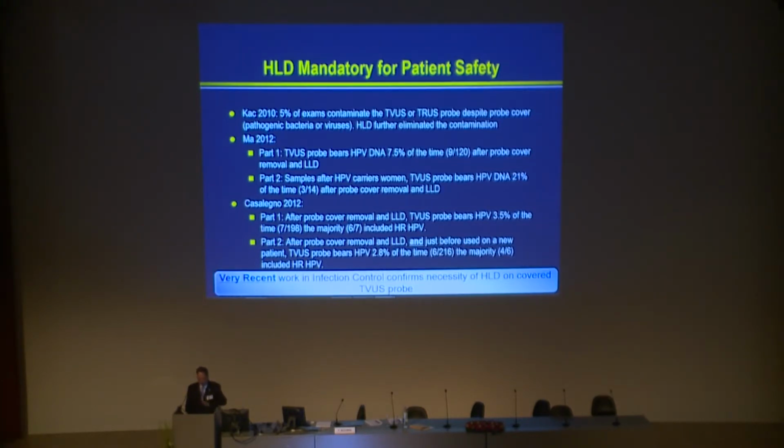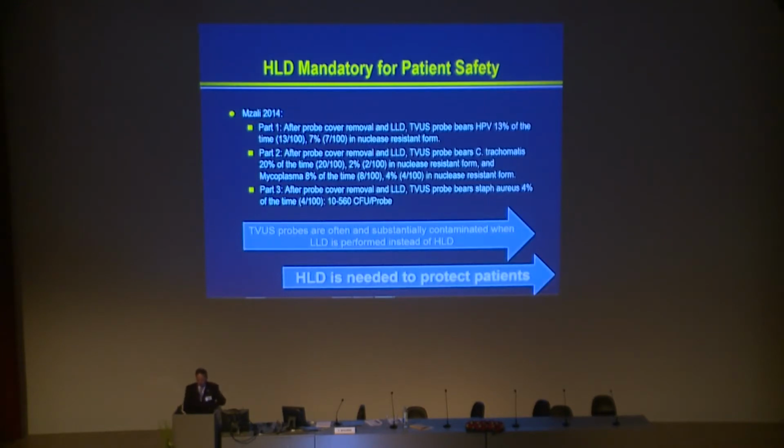Castellagno, again after probe cover removal and low-level disinfection, found HPV 4% of the time. Mazzelli looked at the same thing in 2014, after the probe cover was removed and low-level disinfection. HPV was found 13% of the time.